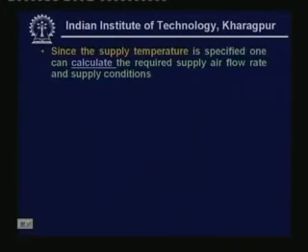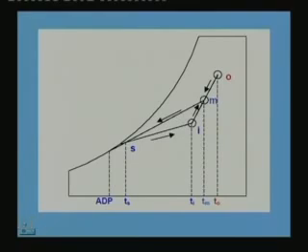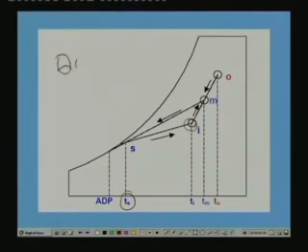So, since the supply temperature is specified, one can calculate the required supply air flow rate and supply conditions. What I am saying is we know this temperature, and we also know the sensible load on the building. We have seen this equation before. This is equal to Ti minus Ts.